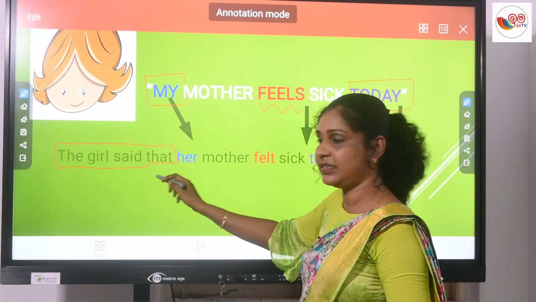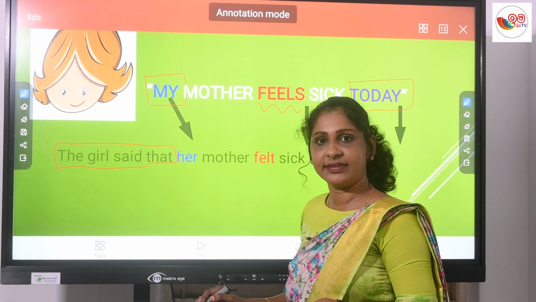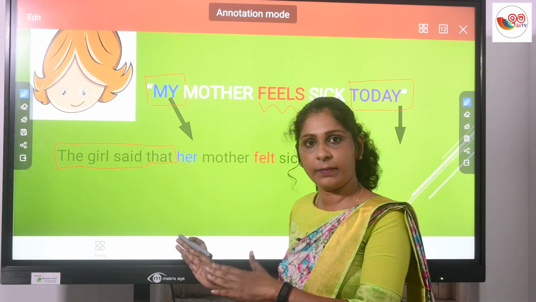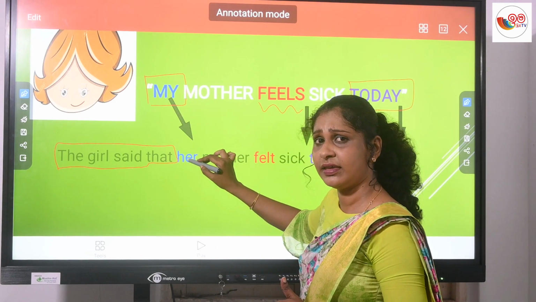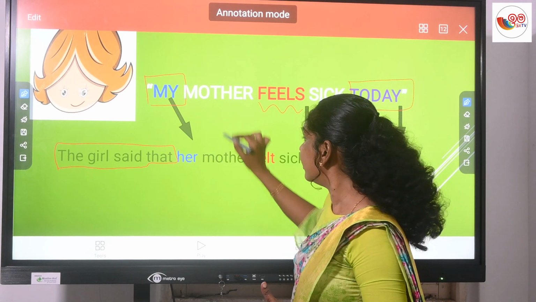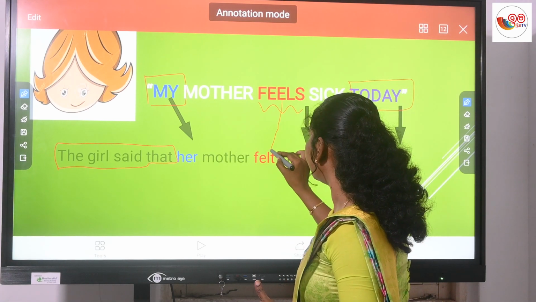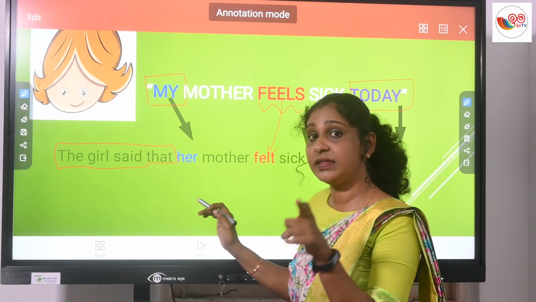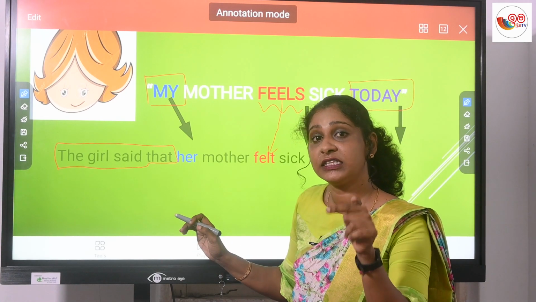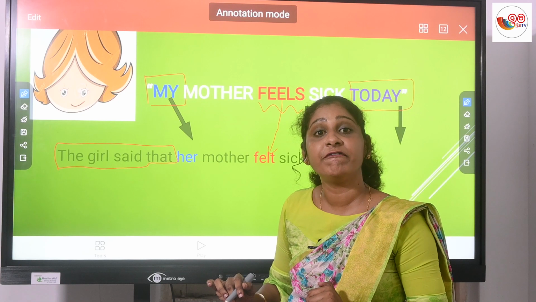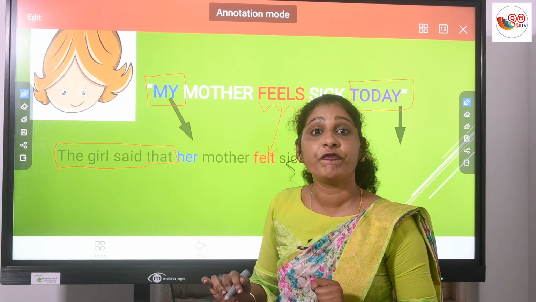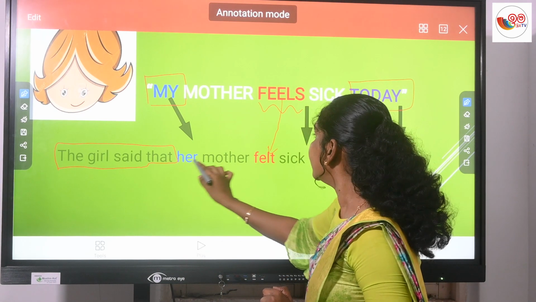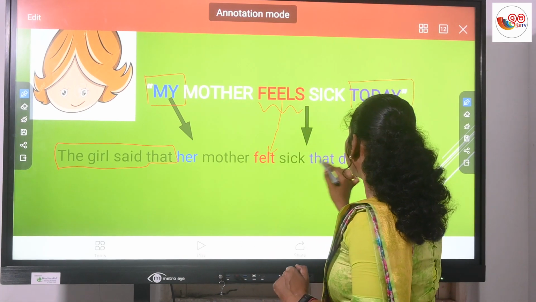How can we change it? The girl said that. My. How can you change this my? Her. Mother. Feel. How can you change? Simple past form. Feels. What is the past form of feel? Felt. What is the past form? F-E-L-T. Felt. So, her mother felt sick that day.